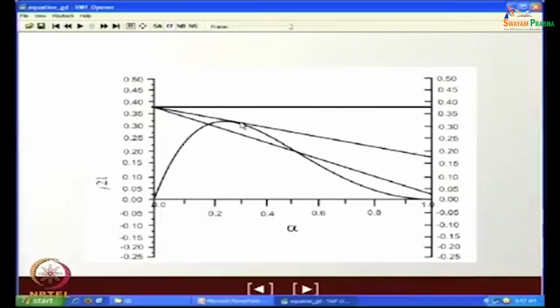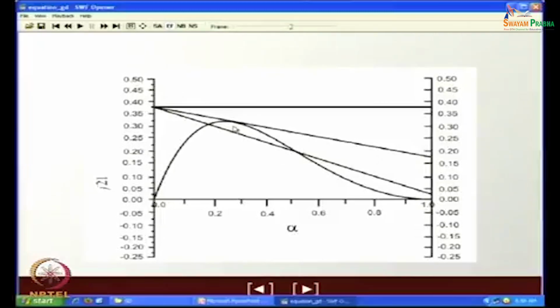When does the limit come? Under flooding conditions. Is it clear? So, this point of tangency gives you the flooding condition beyond which counter current operation is not possible. Beyond that, if we increase either of the flow rates, there is no point of intersection between the straight line and the curve.